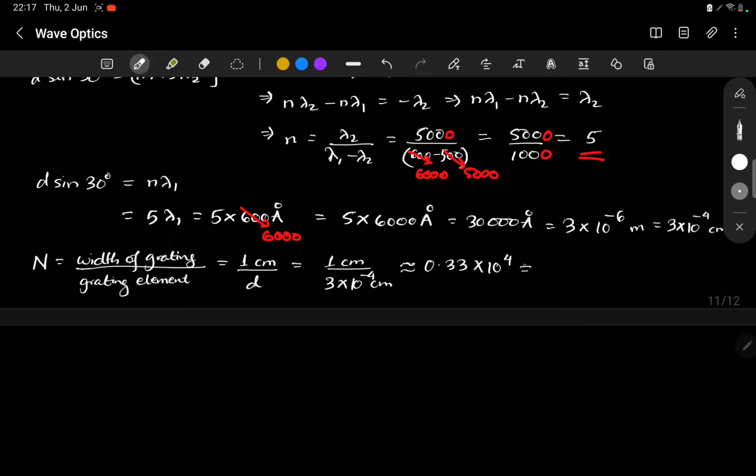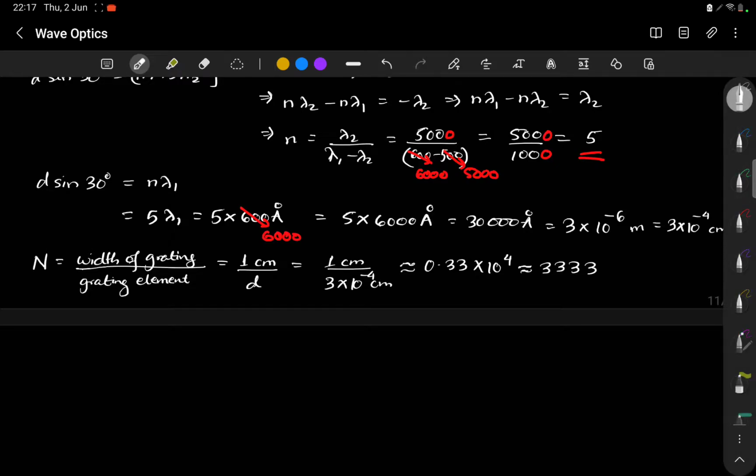So this is the number of lines approximately in the grating. So this solves the first part.